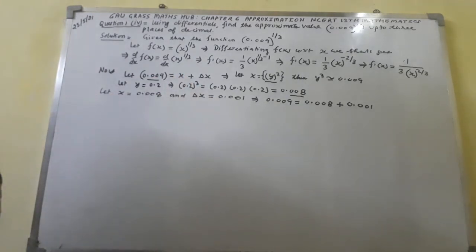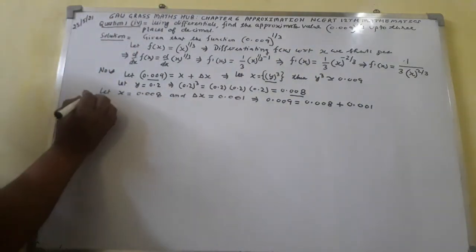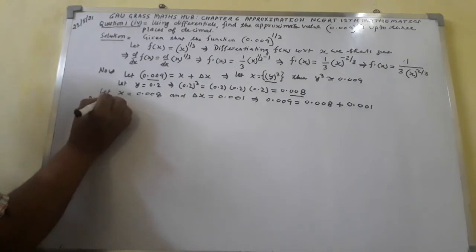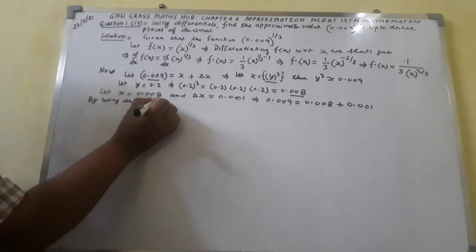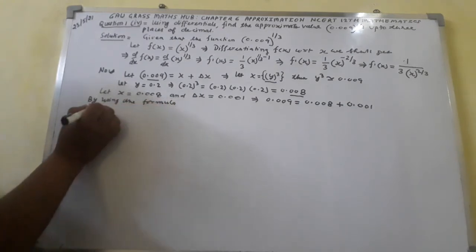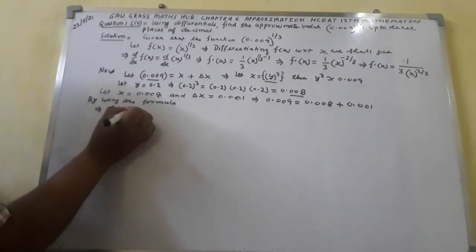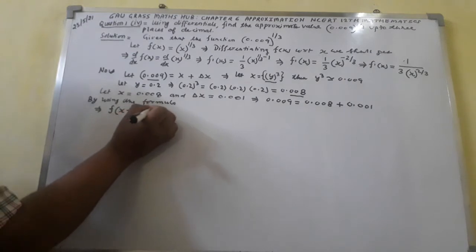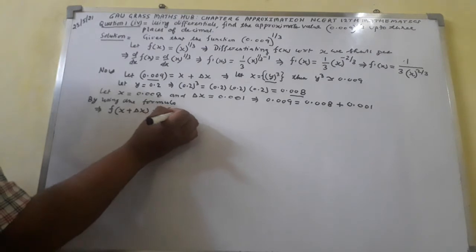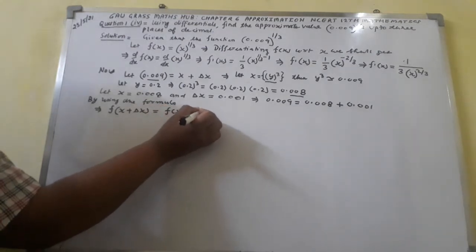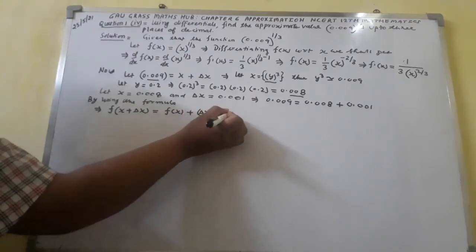So what to do next? Next I shall write the formula. Using the formula, implies that f of x plus delta x approximately equal to f of x plus delta x dot f dash of x.